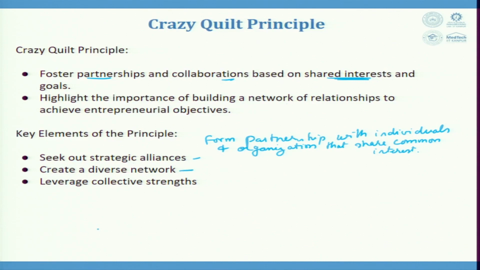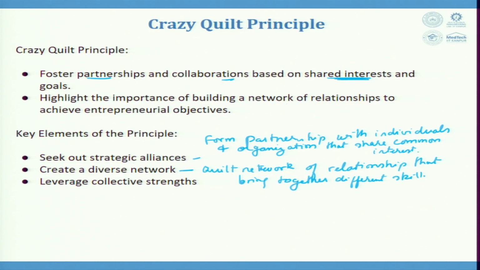Create a diverse network, build a quilt network of relationships that brings together different skills. For example, I am very good in finance, my wife is very good in catering, my son is very good in identifying a grocery shop and doing supply chain management.